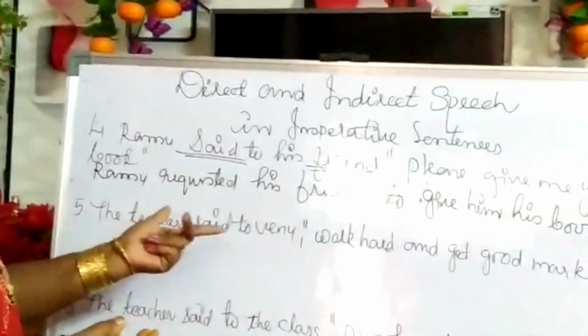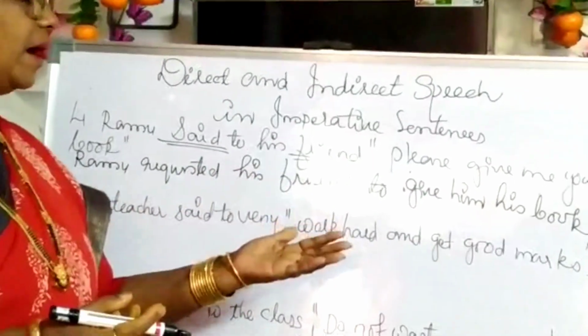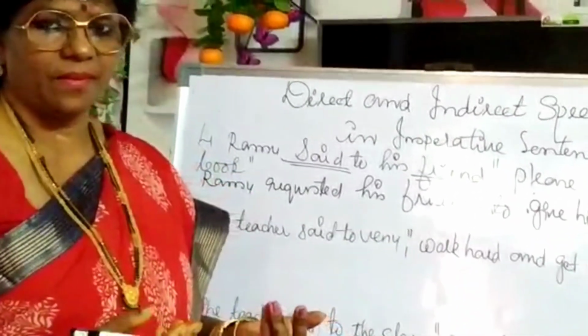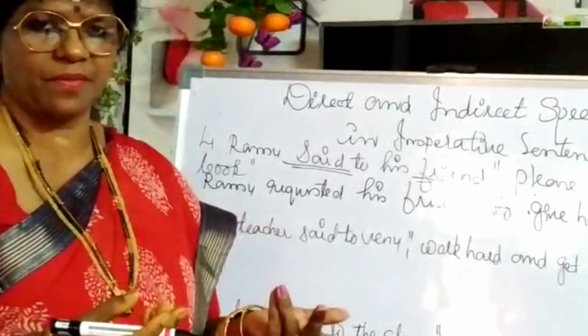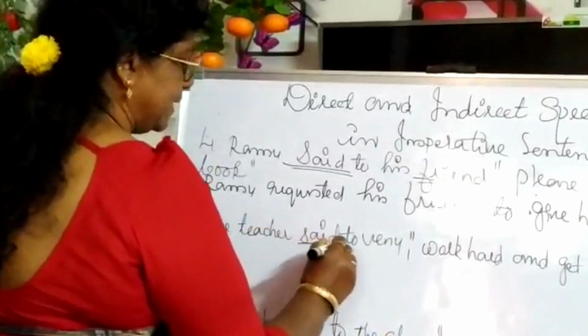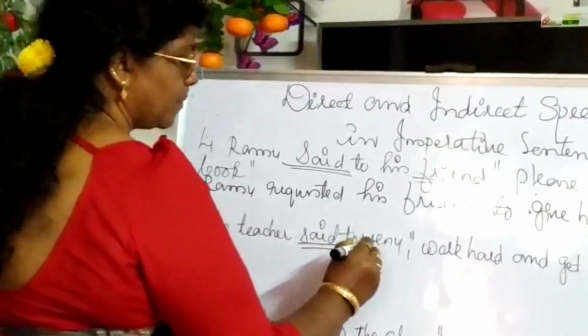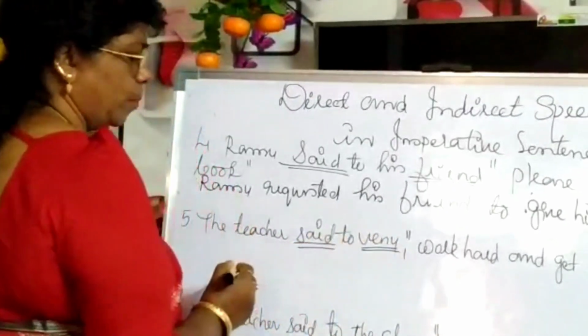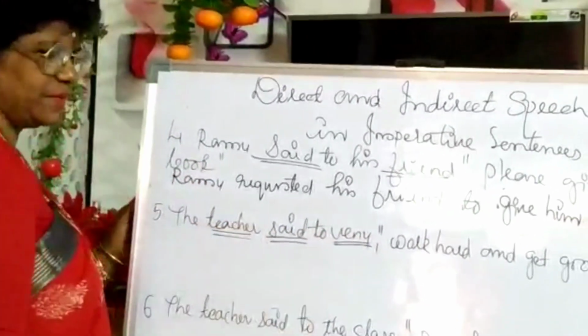Next one. The teacher said to Venu, "Work hard and get good marks." That is a wish. Here the teacher is the subject, said is the reporting verb, and Venu is the object.